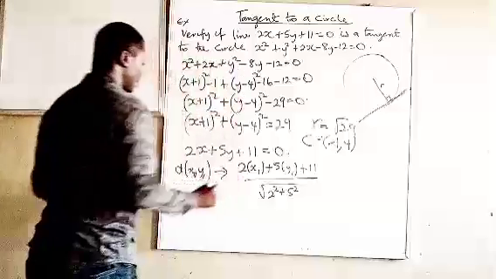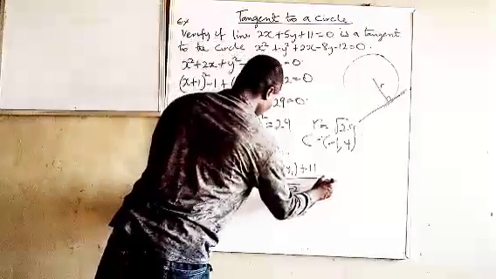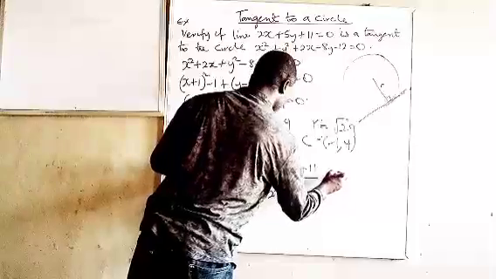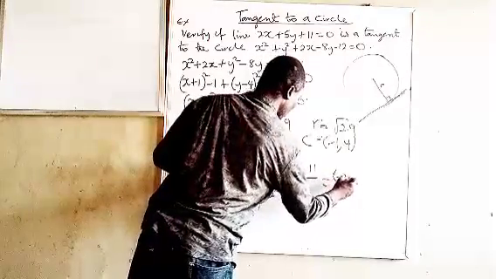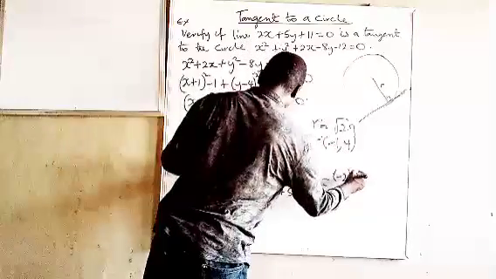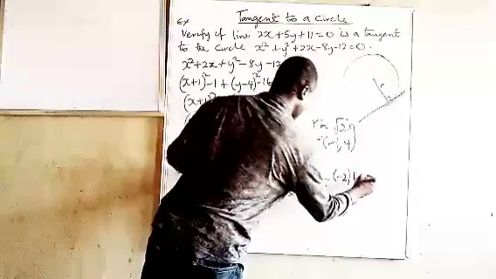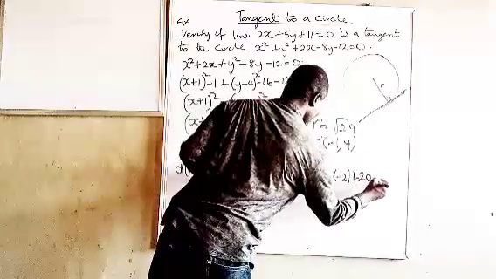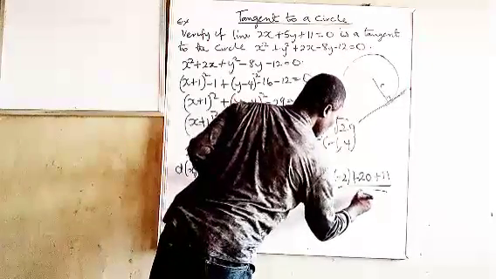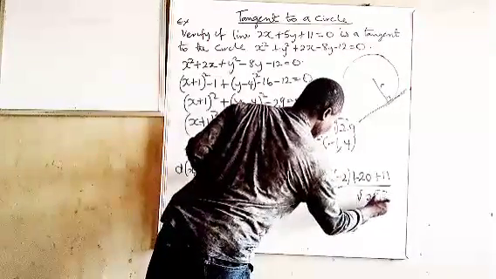So in this instance, our distance will be equal to 2 into minus 1, that is minus 2, plus 5 into 4, that is plus 20, plus 11 over root of 29.